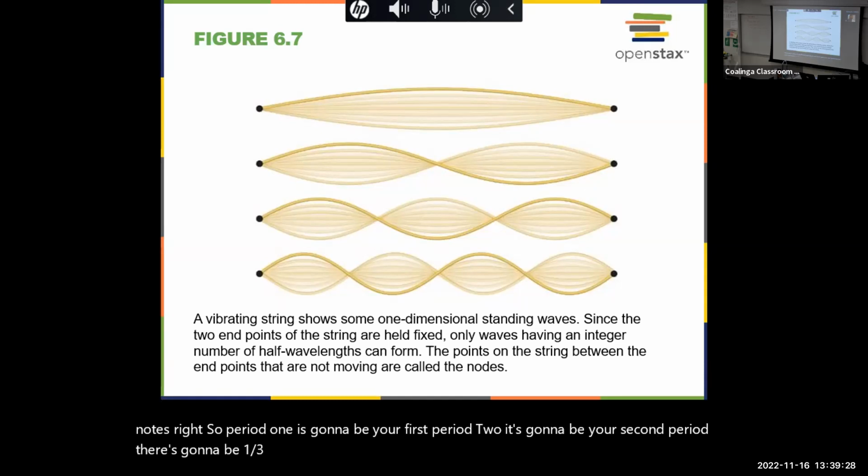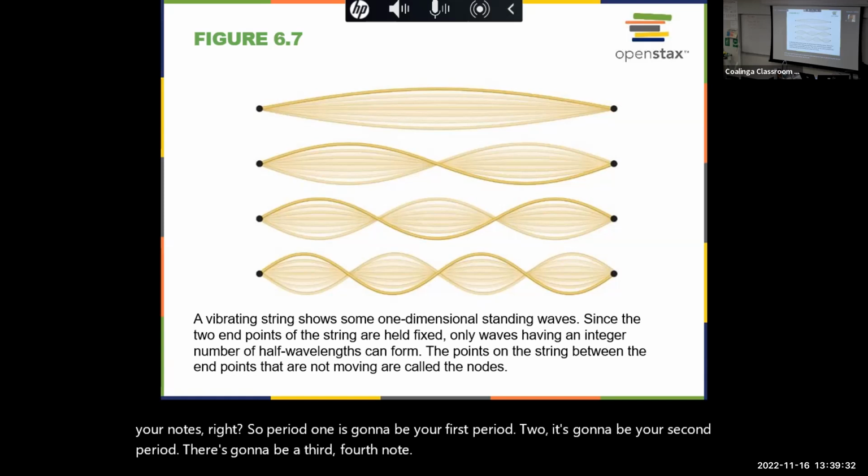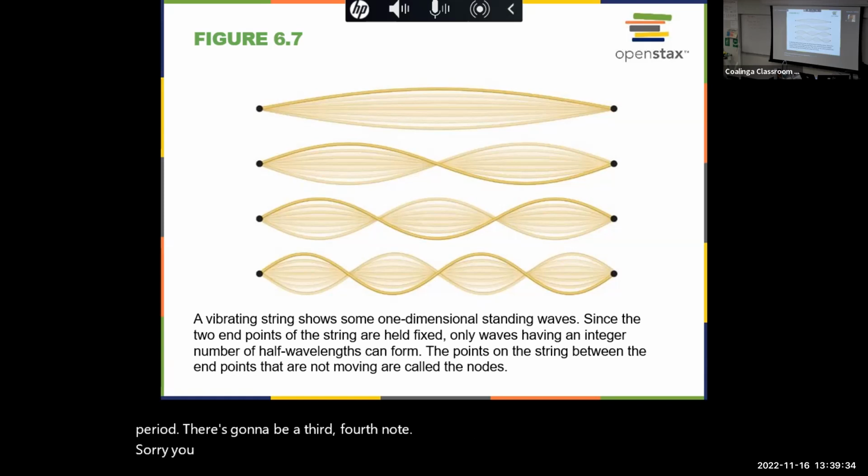Period 4 is going to be your fourth number. Five is going to be the fifth number, right? So when those electrons are moving, they're going to be moving up to those periods, right?